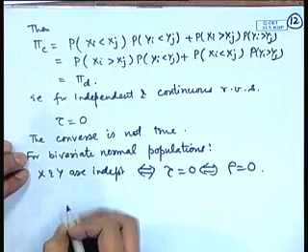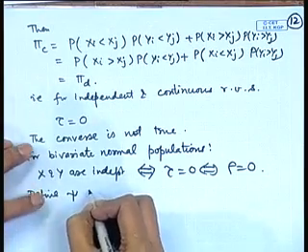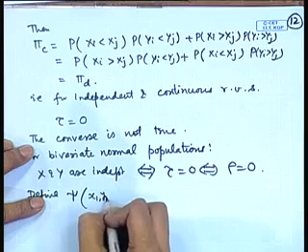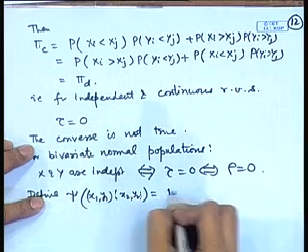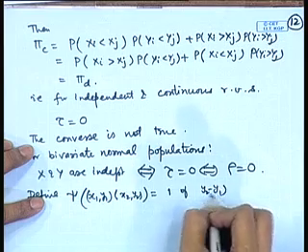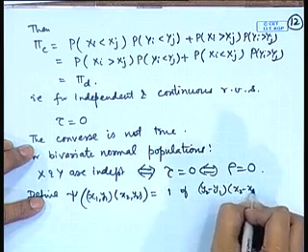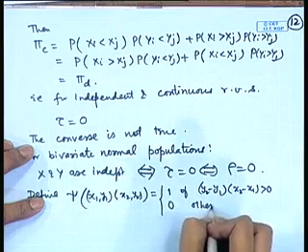So, we can define like this: define a psi function for the pair (x1, y1) and (x2, y2) as 1 if they are in concordance, otherwise you define it to be 0.